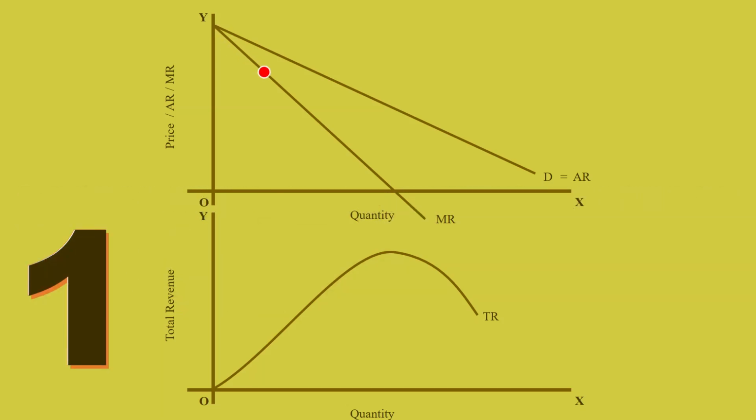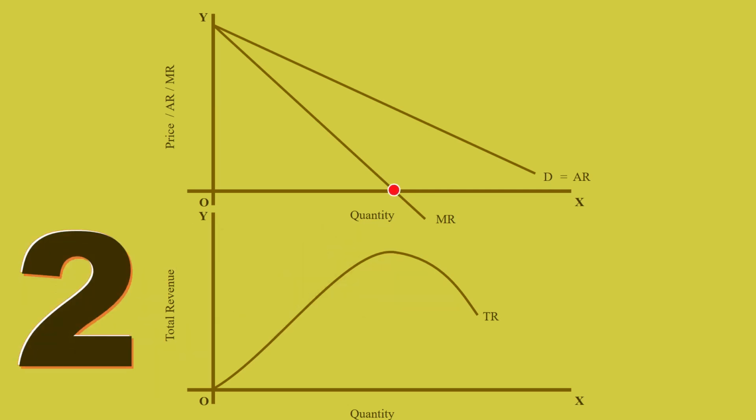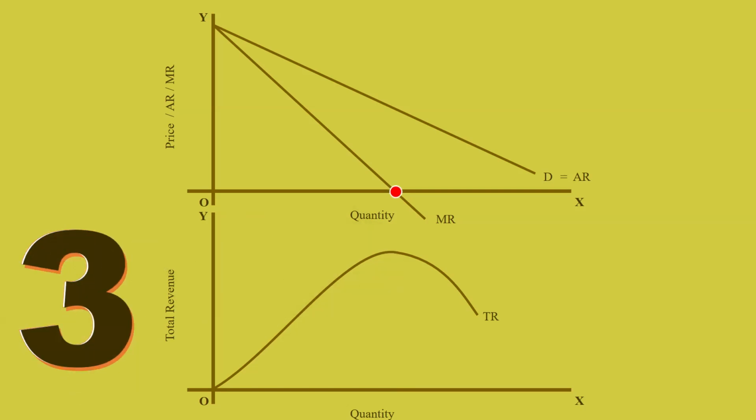When marginal revenue falls and is positive, total revenue increases at a decreasing rate. 2. When marginal revenue is zero, total revenue is maximum. 3. When marginal revenue is negative, total revenue falls.